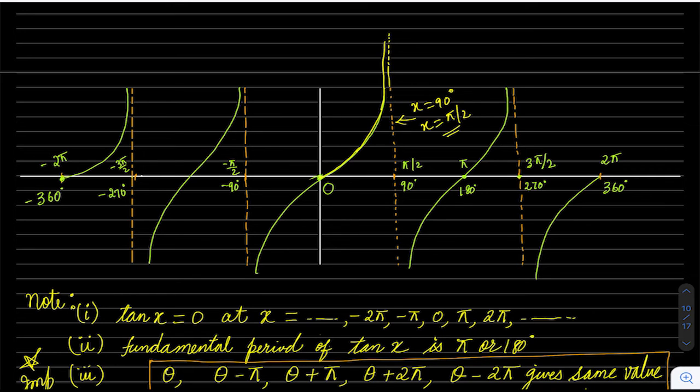That is what is known as an asymptote. We will study it in detail in year 2, but in year 1 they will not ask any questions on this. Okay, so this is the tan graph.